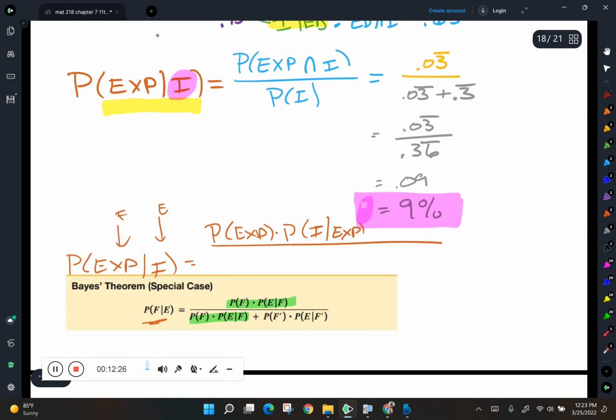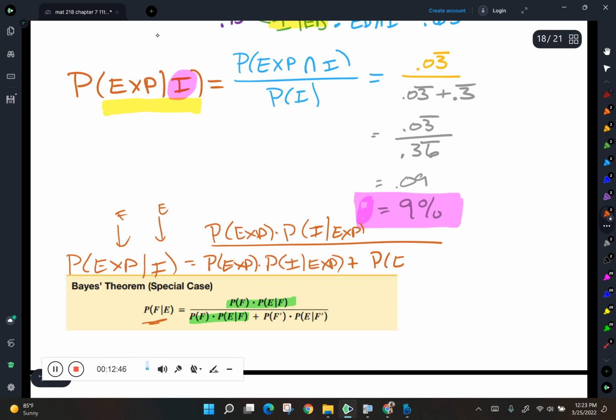that is the same thing as that, right? So the probability of experience times the probability of interview given experience, plus F complement. Well, if F is experience, then F complement is education.